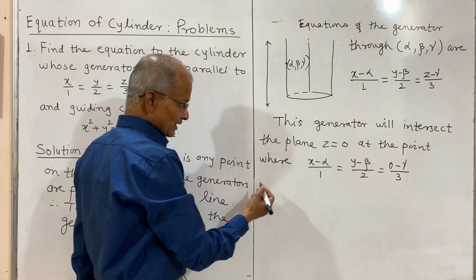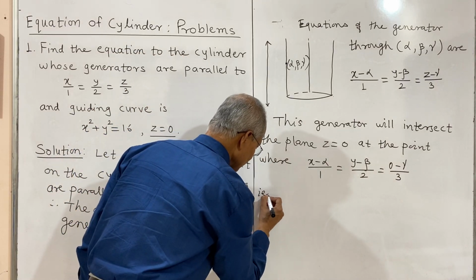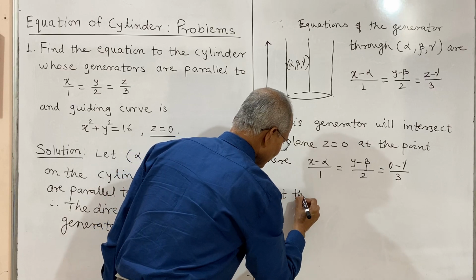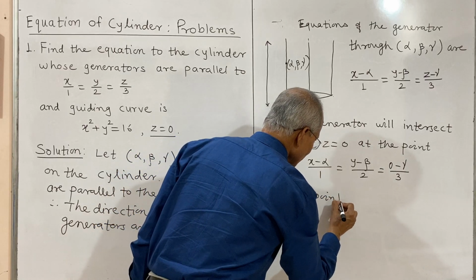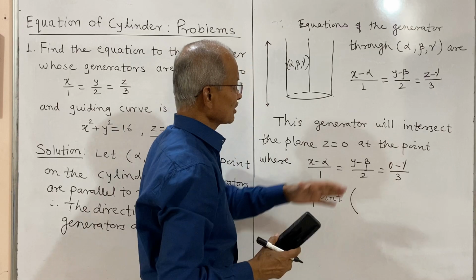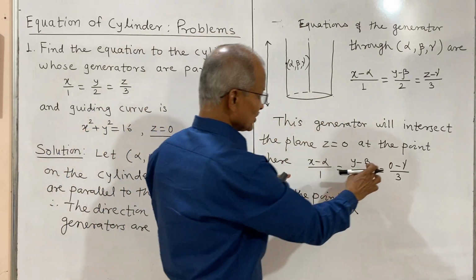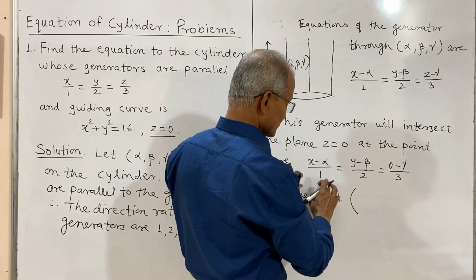We get the coordinates of this point of intersection of the generator with the plane z is equal to 0 by putting z is equal to 0 and solving this relation.